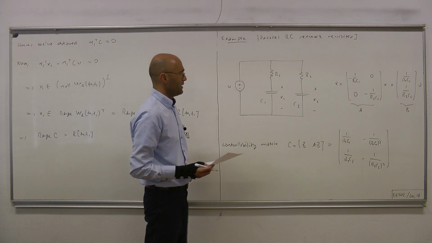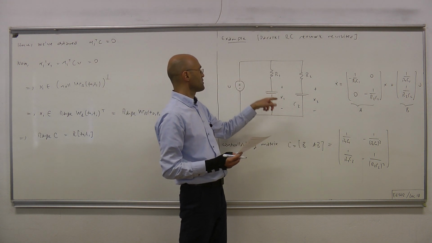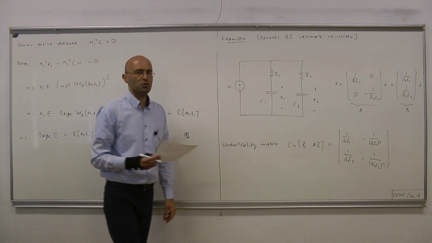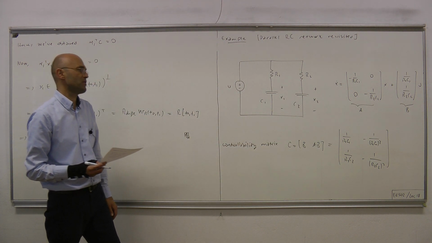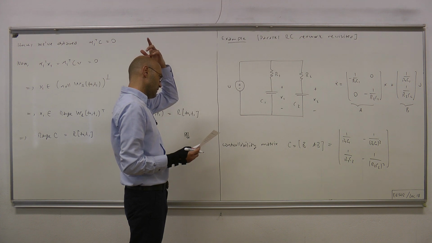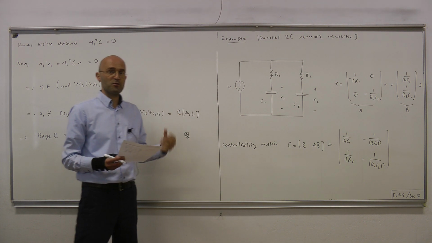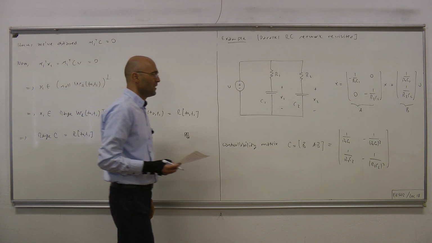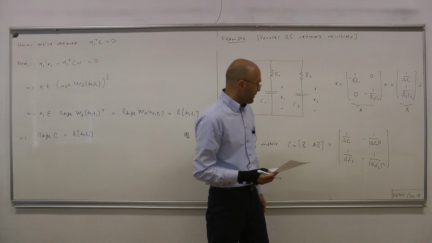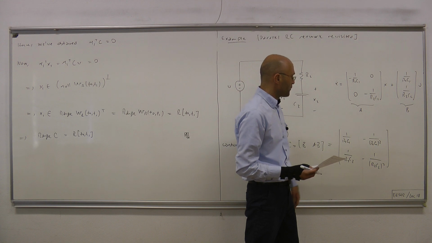Now, we have shown that when R1 C1 equals R2 C2, that is when the time constants are equal, the controllable subspace is the subspace spanned by the vector 1, 1. So let's verify that result once again.